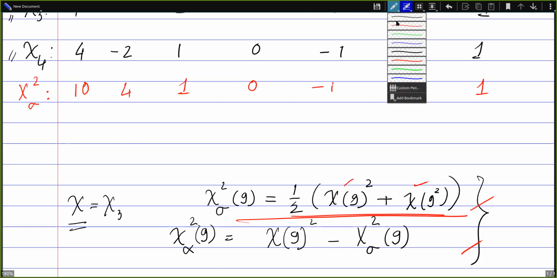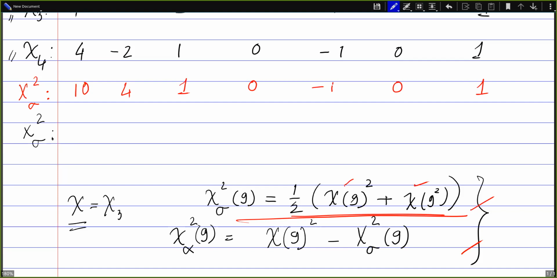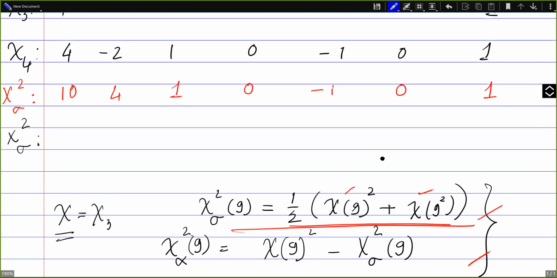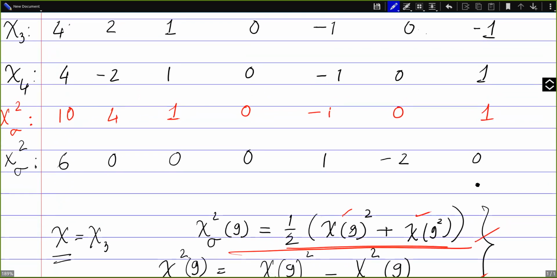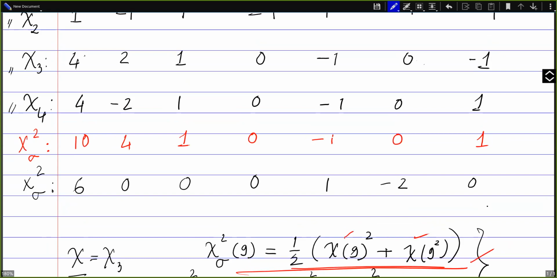And then you have the character values for the alternating square, and that is precisely going to be the following because of this relation. For example, the square of this has to be the sum of this and that. So here you must have 6. Similarly here you have to have 0, 0, again a 0, 1, -2, and 0.